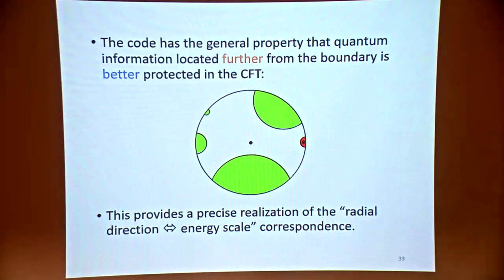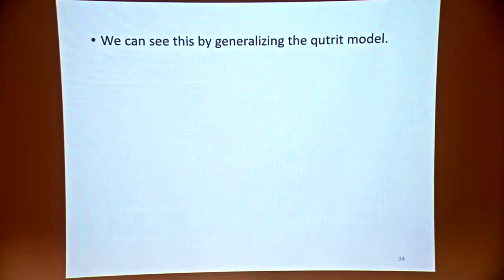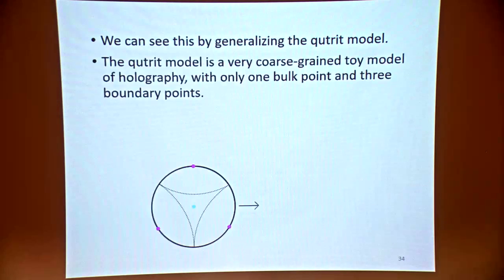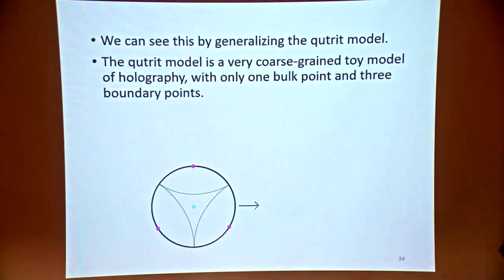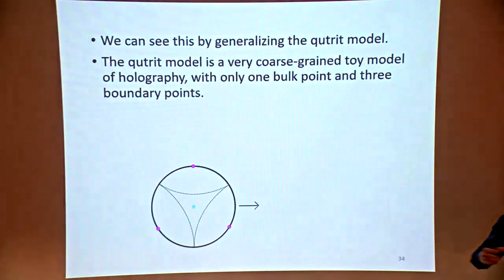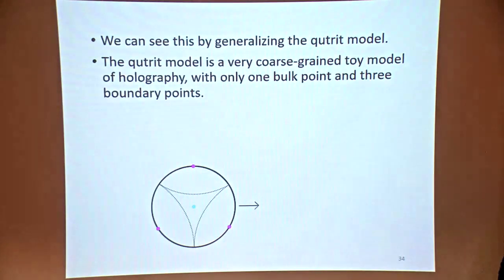I can go further, and in fact, it's possible to see this by generalizing the Qtrit model. The Qtrit model is really a very coarse-grained version of AdS/CFT, where I've essentially coarse-grained the entire boundary CFT into three points, and three Qtrits even.